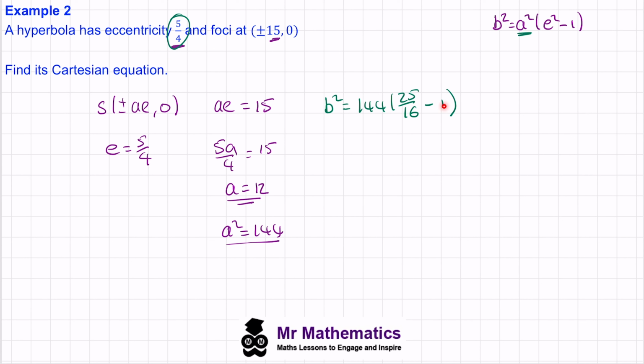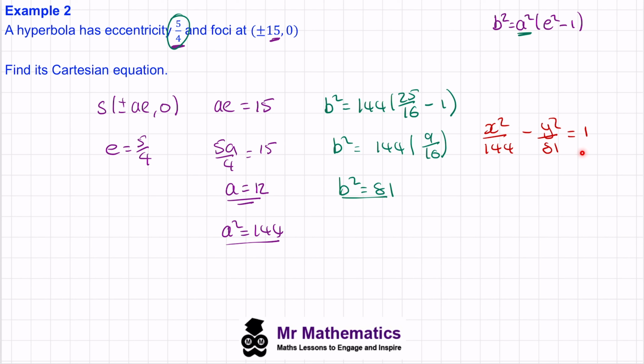We can write this one as 16/16, so this becomes b squared will equal 144 multiplied by 9/16. So b squared will equal 81. So the Cartesian equation is x squared over 144 minus y squared over 81 is equal to 1.